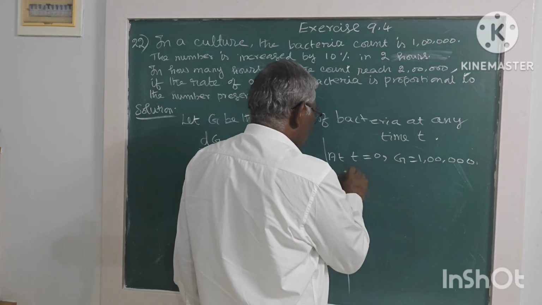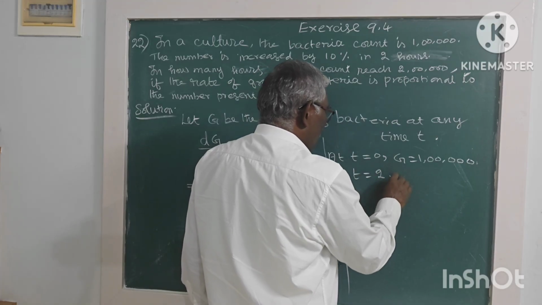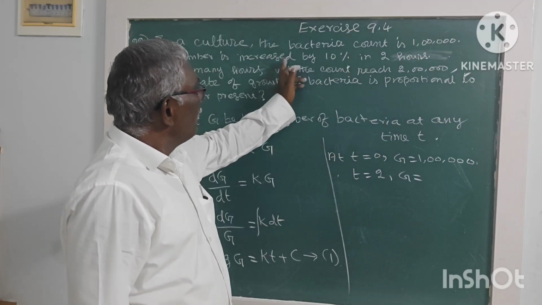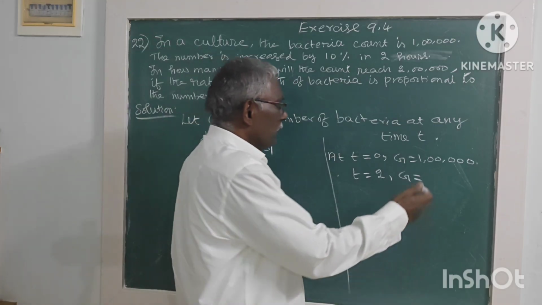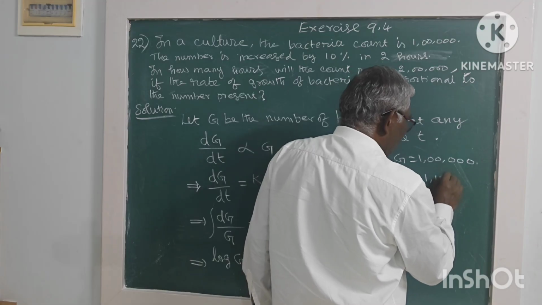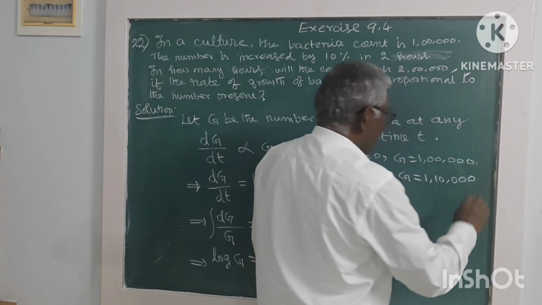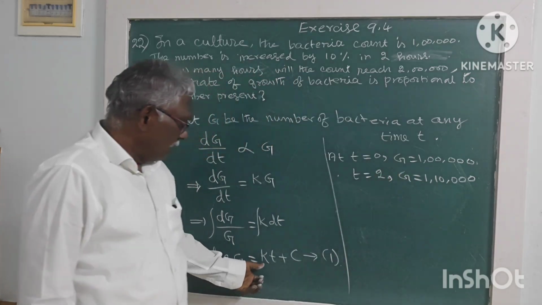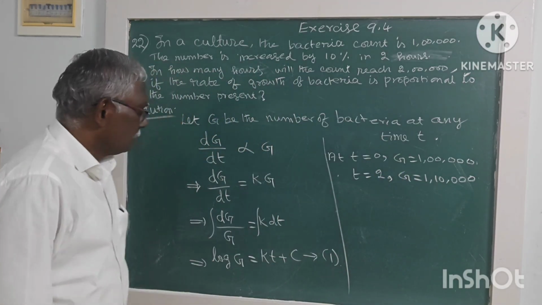So at t is equal to 2 hours, G is how much? Increased by 10%. 10% of this is 10,000. So it will be 1,10,000. So these are the two conditions given to evaluate these two constants.